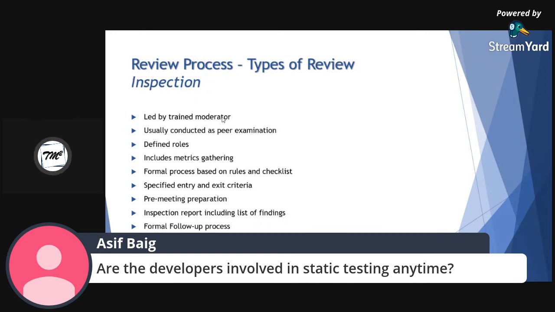And inspection is actually your formal review process. So if you know formal review process, you know inspection. They first tell you the formal review process, and then they tell you inspection is a formal review process. So you just need to know one of these topics to understand what is inspection.